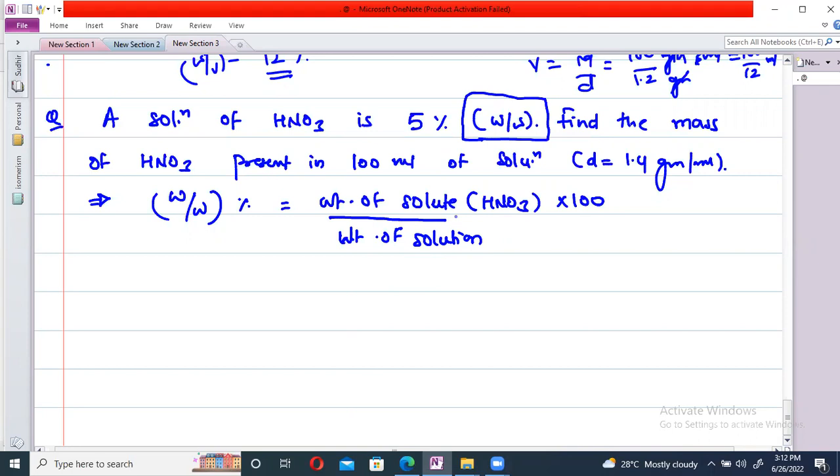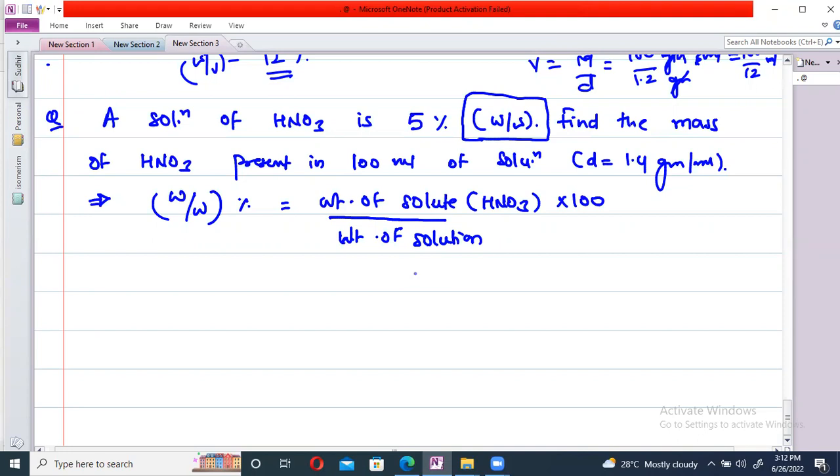But they are asking the mass of the HNO3 in 100 ml of the solution. So if it is 5% W by W, we have to find the weight of solute and we want the weight of solution.